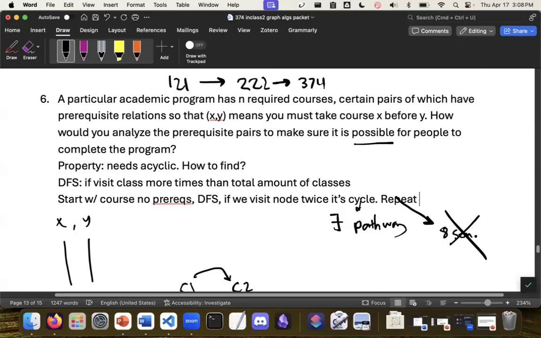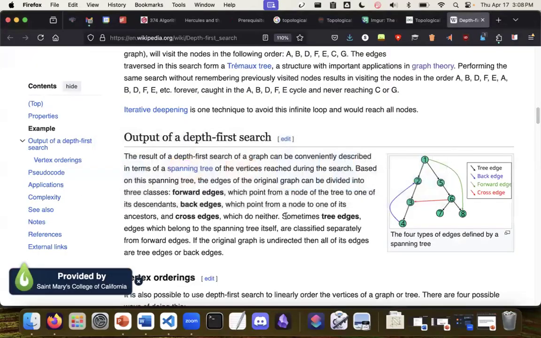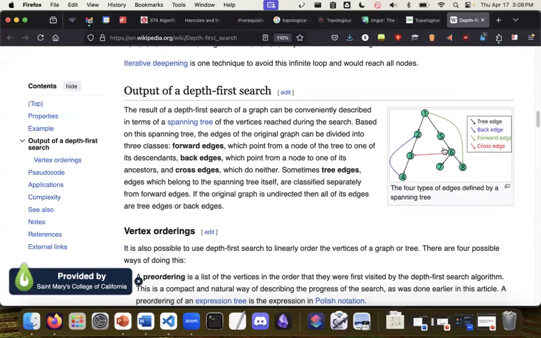Yeah, so the answer here is the easiest one is to use DFS in some way. If we look at depth first search, we get different kinds of edges as we go through. So forward edges, which help us go through the graph as we visit nodes.